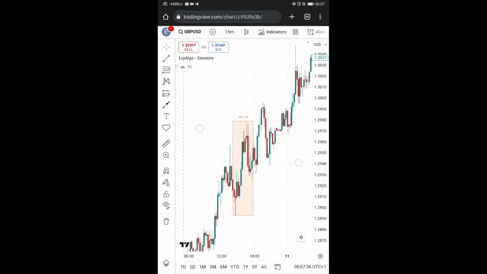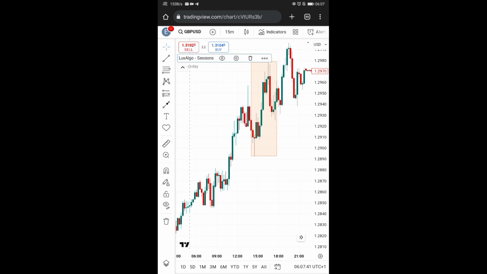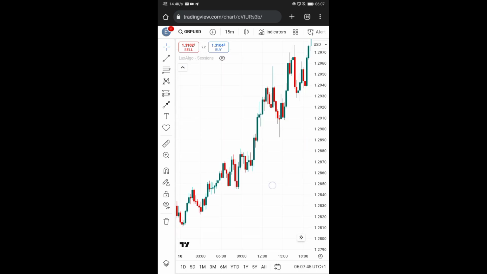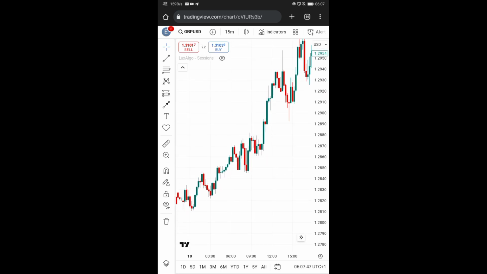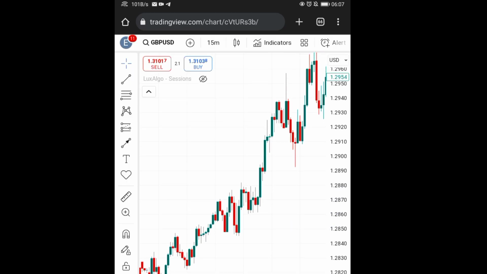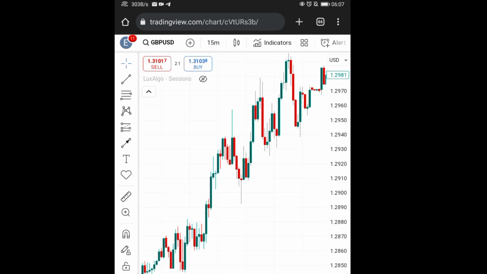So right now, this is M15. Before we plug in our indicator, this is our M15. If you do not know how to read trend, this trend is bullish. The chart right now on my M15 is bullish.